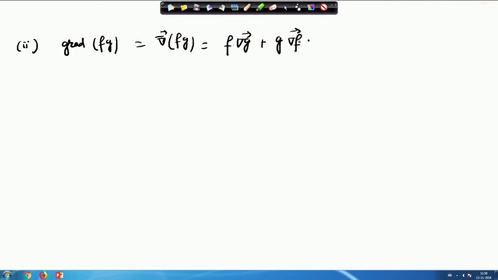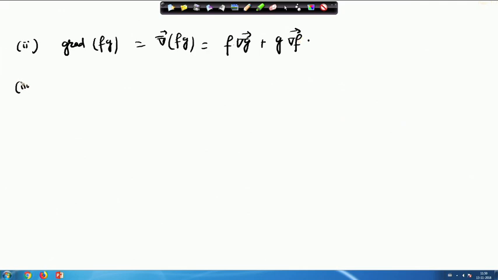So, it is a similar rule to the differentiation of two functions. The first function remains unchanged and we differentiate the second function, and then the second function remains unchanged and we differentiate the first function. So, it follows exactly the same rule as the differentiation of two functions. This proof is also very easy, and I am leaving it up to the students, and I am pretty sure you will be able to solve it.